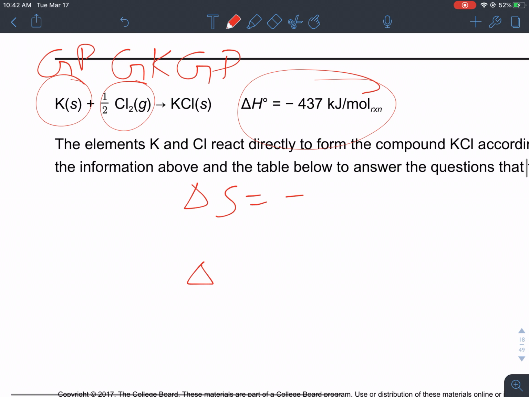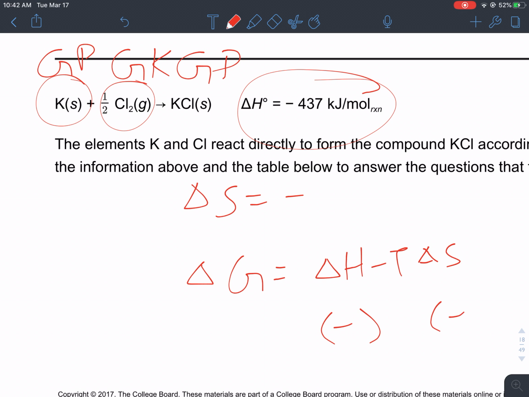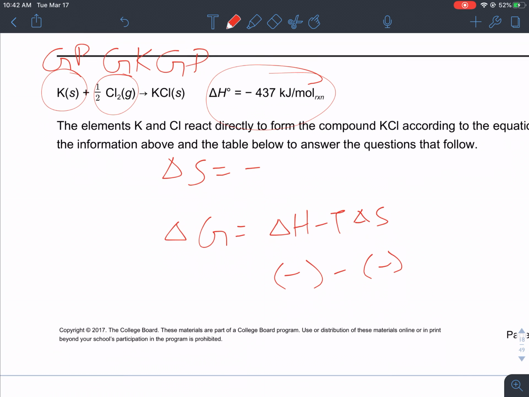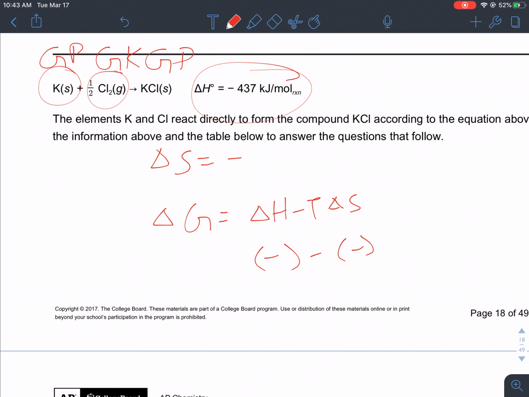So your delta G is equal to delta H minus T delta S. Delta S is negative and delta H is negative, and it's saying this is thermodynamically favorable, because it's saying that the delta G is negative. What's helping it become negative?